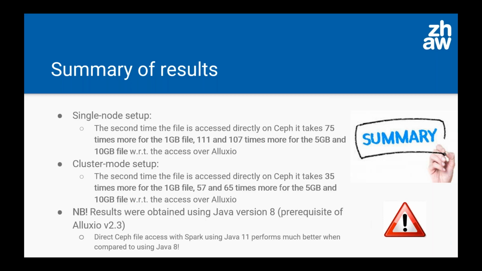Then by chance, I installed a VM, and the default version of Java when you install it is Java 11. When you look at the direct access execution time, direct access on Ceph, so Spark to Ceph using Java 11, this performed much better.